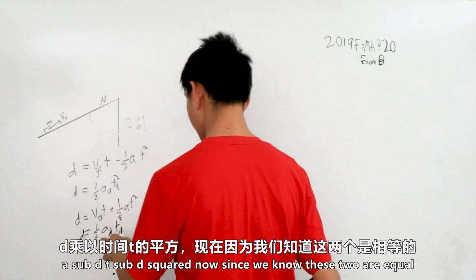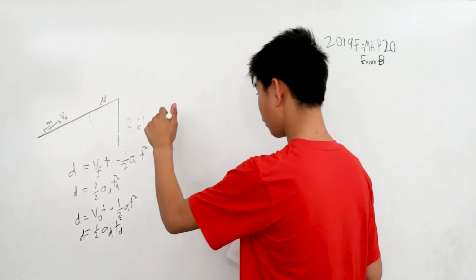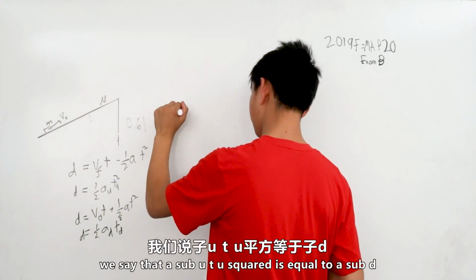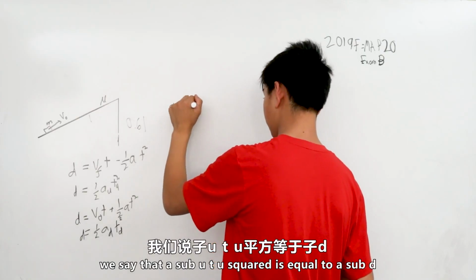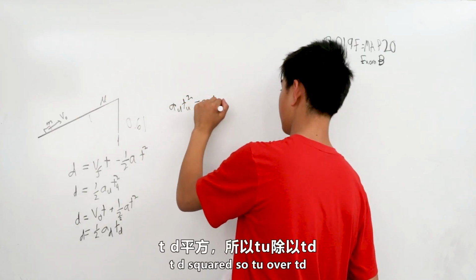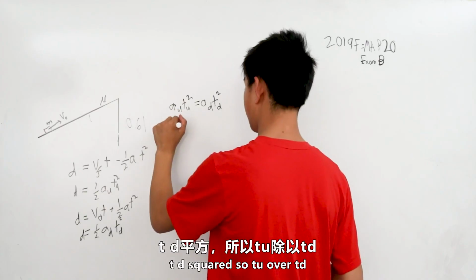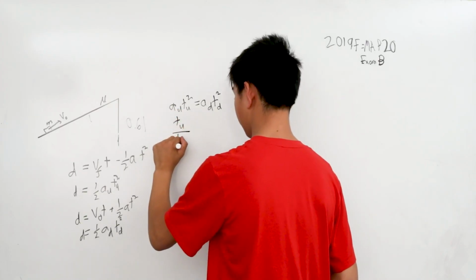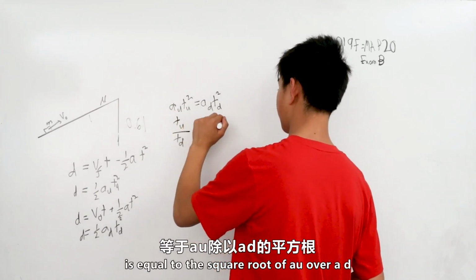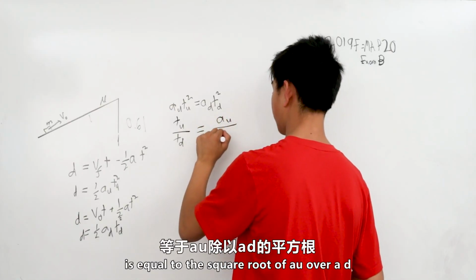squared. Since these two distances are equal, a sub u t sub u squared is equal to a sub d t sub d squared. So t sub u over t sub d is equal to the square root of a sub u over a sub d.